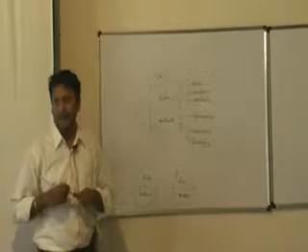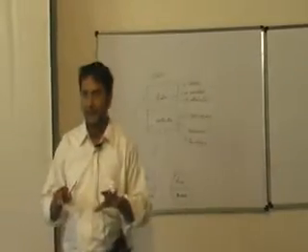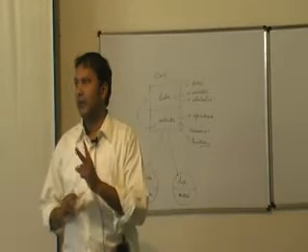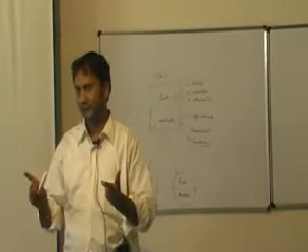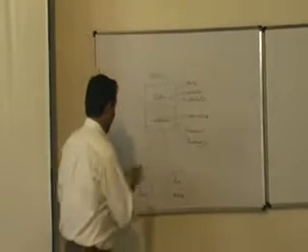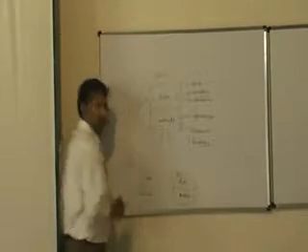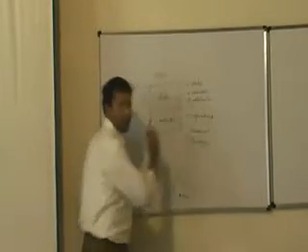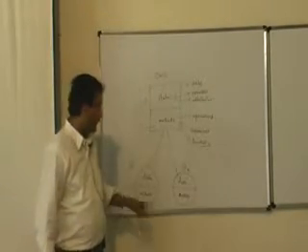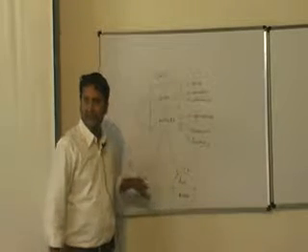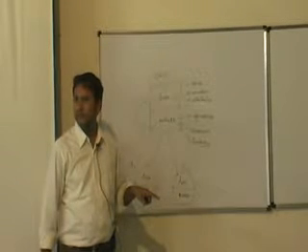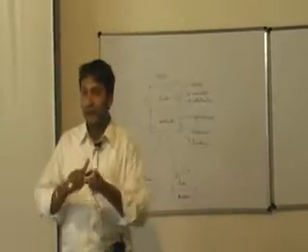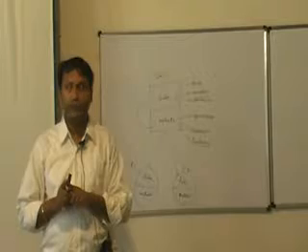Now take the example of the bike class. The bike class can have two objects of Hero Honda CBZ. This is Hero Honda CBZ 1. This is Hero Honda CBZ 2, for example. Now, will the data be the same for CBZ 1 and CBZ 2?